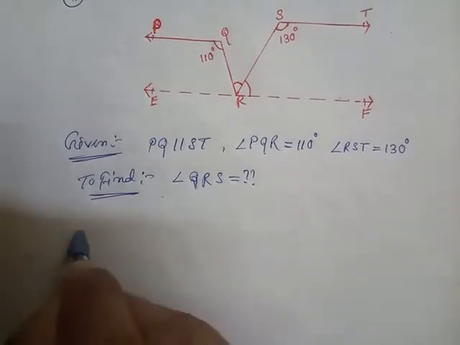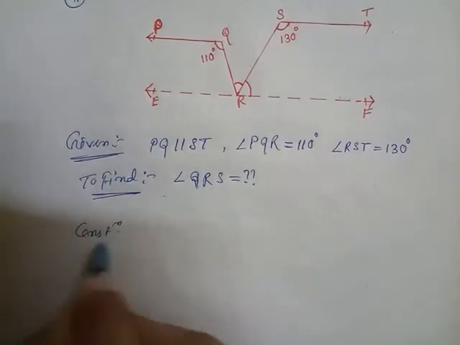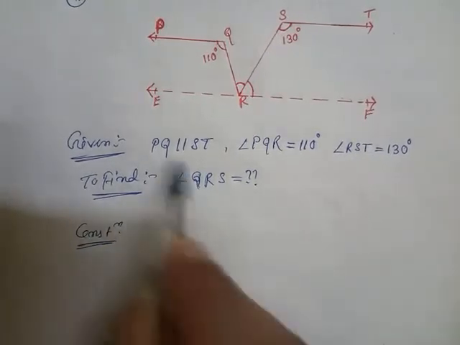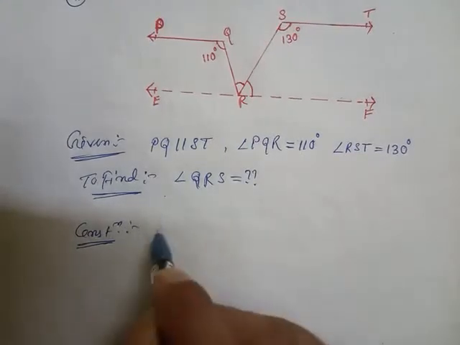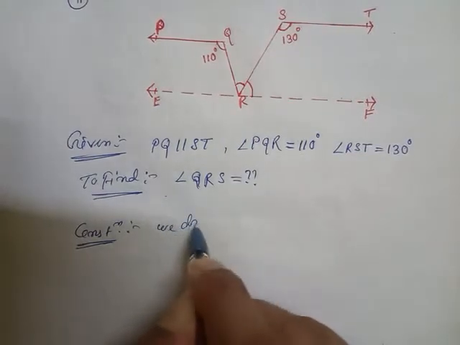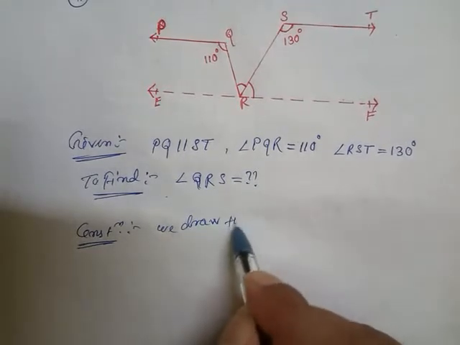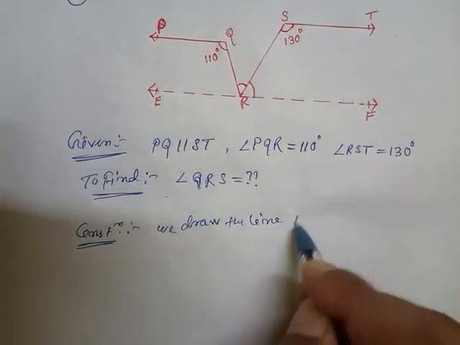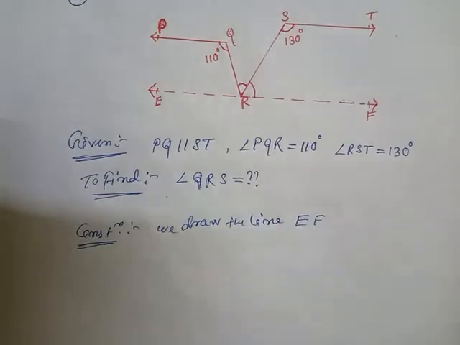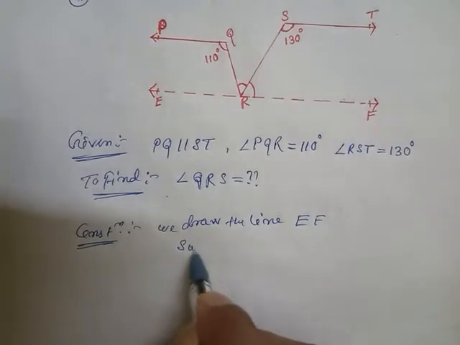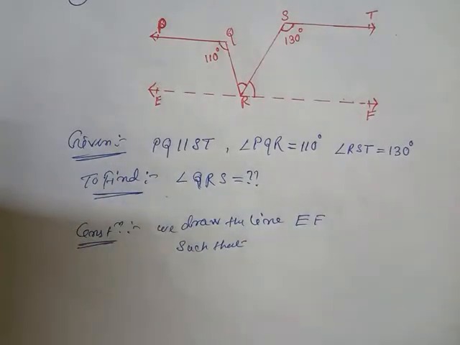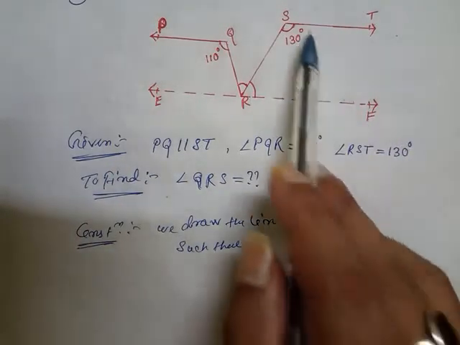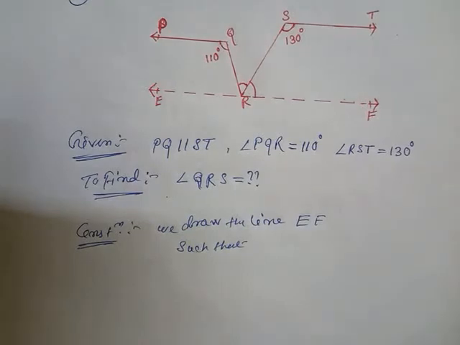Construction. Now look, student, we draw here EF. So we'll write down here that we draw the line EF such that EF is parallel to ST and EF is parallel to PQ also.